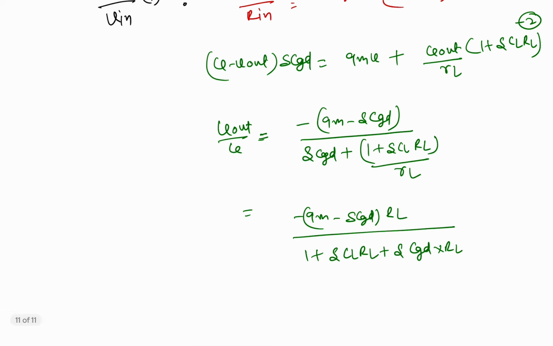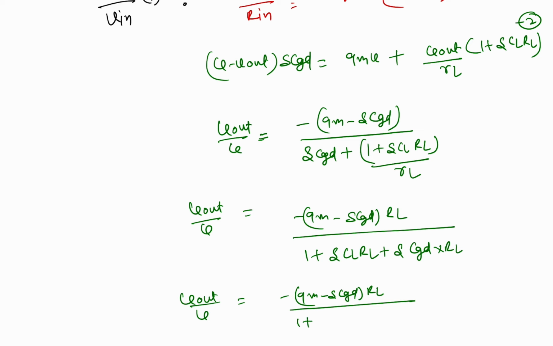So you will find that V out by V equals minus (gm minus s Cgd) times RL divided by 1 plus s RL (Cgd plus CL). Okay, this is one of the equations.